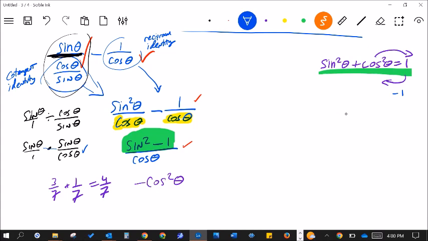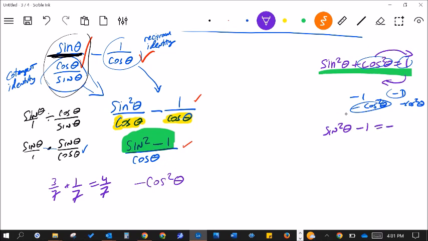So what I'm going to do is subtract 1 from both sides, but I'm also going to subtract cosine squared theta from both sides. So this and this make a 0, this and this make a 0, and we end up with sine squared theta minus 1 is equal to negative cosine squared theta. So I can just literally replace sine squared theta minus 1 with negative cosine squared theta, and that's because of the Pythagorean identity.